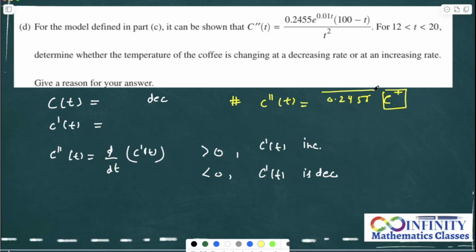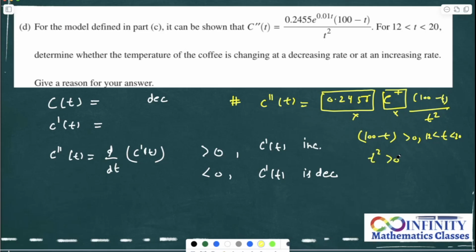Only the term (100 minus t) divided by t square will govern the sign of the double derivative. So the others will not govern anything. Now just have a look. 100 minus t is going to be positive for any value of t between 12 and 20. Am I right? Any doubt? And the denominator t square is also positive.